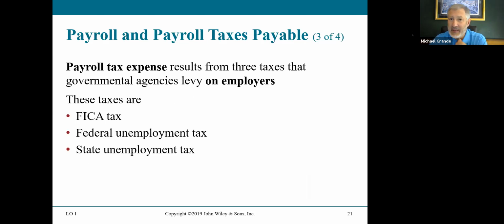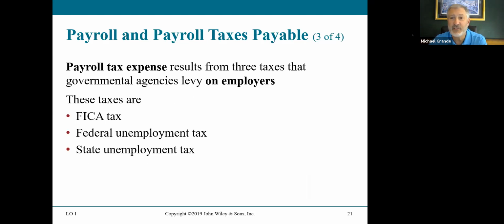Payroll tax expense, okay, versus payroll, okay, so you got salaries and wage expense, and then you got payroll tax expense, which from a company's perspective, results from 3 taxes that governmental agencies levy on employers, the company.